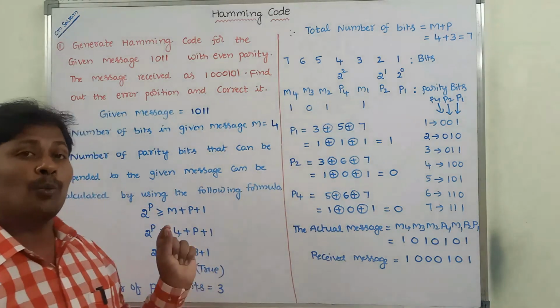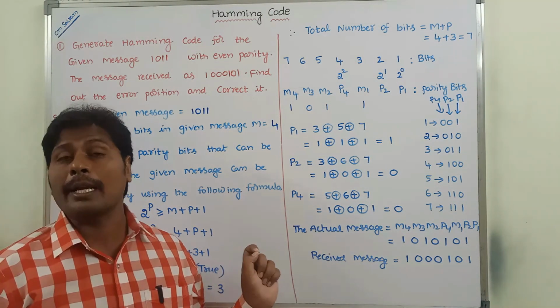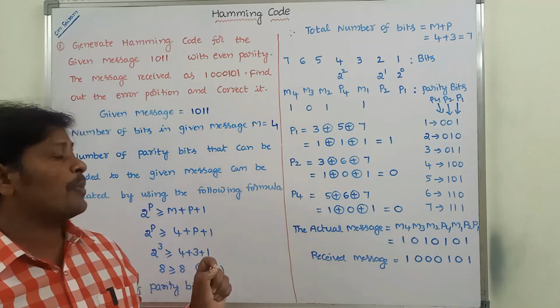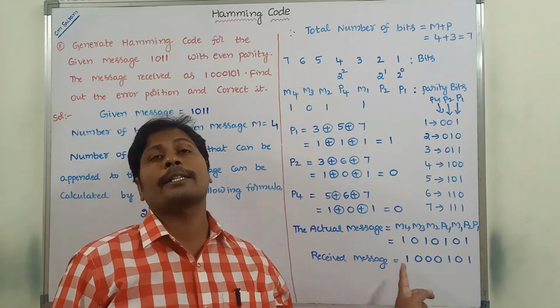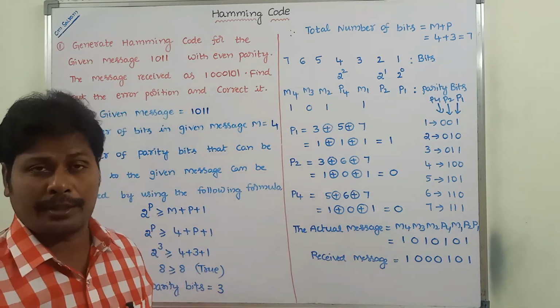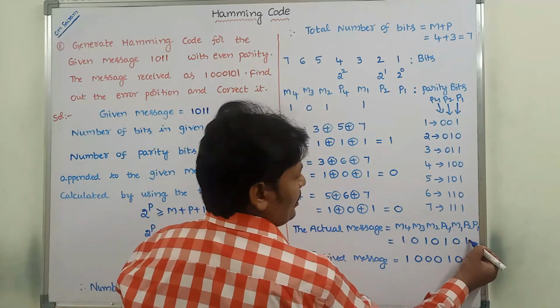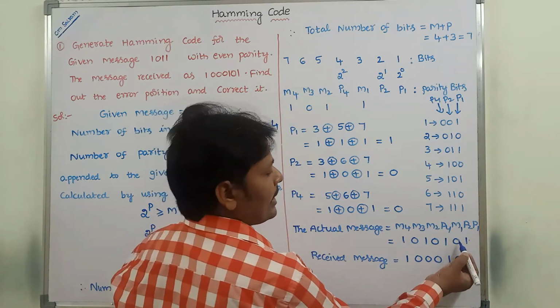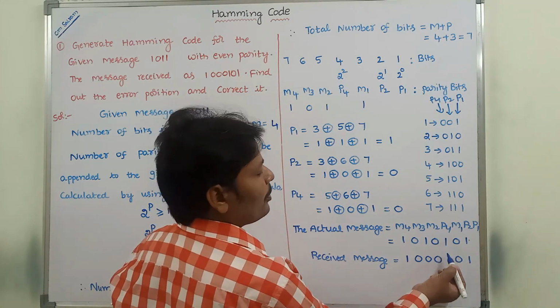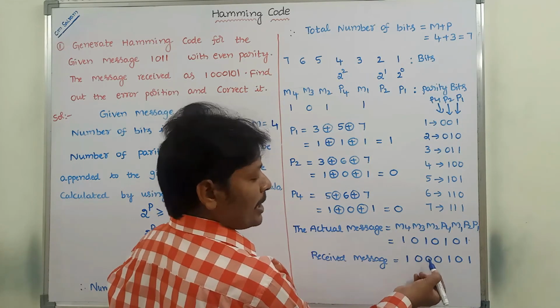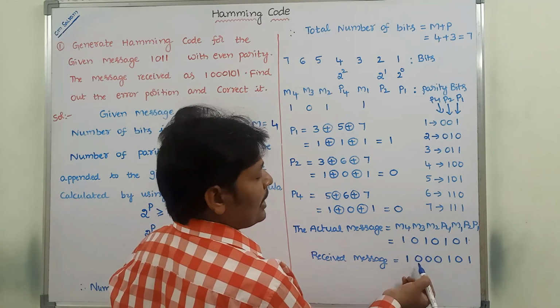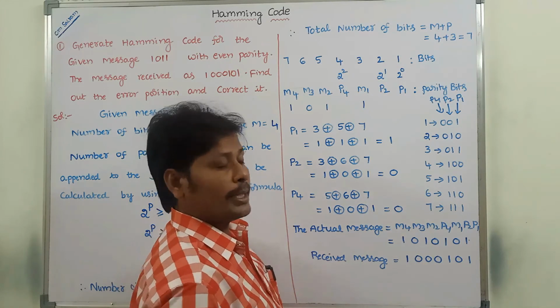Now, at which position has the error occurred? For that purpose, we have to compare the actual message with the received message bit by bit. First position both are equal, second position both are equal, third position both are equal, fourth position both are equal, fifth position is different, sixth position is same, and seventh position is same.